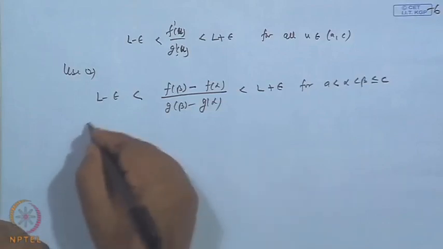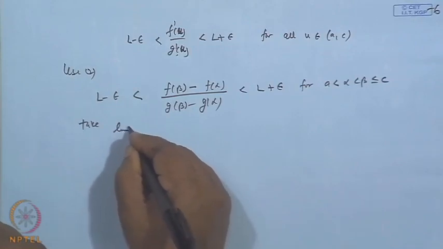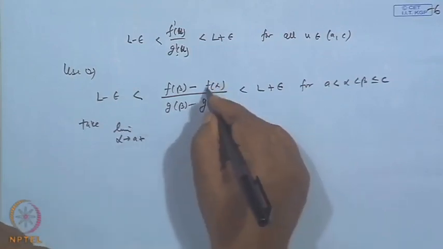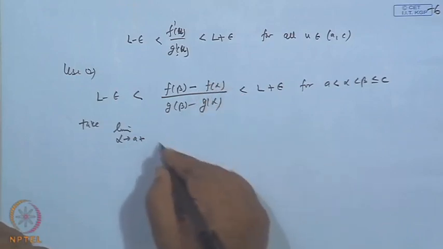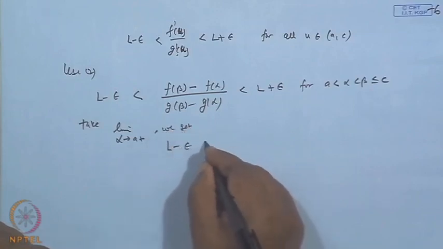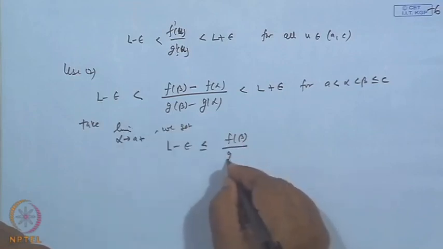Now, take the limit as alpha tends to a plus, because this limit will be 0. So, what we get is L minus epsilon is less than or equal to the limit, since when you take the limit, the equal sign may also come.